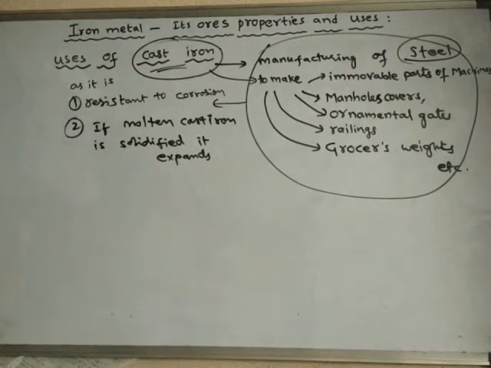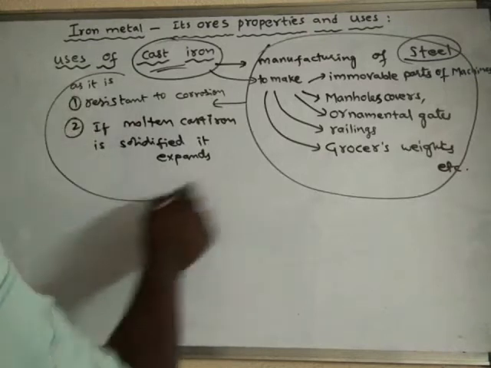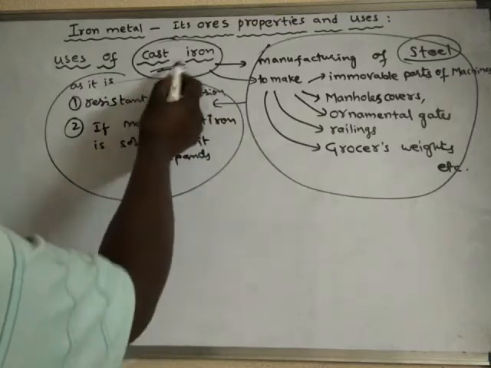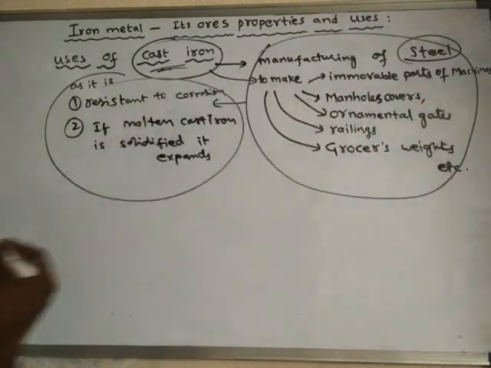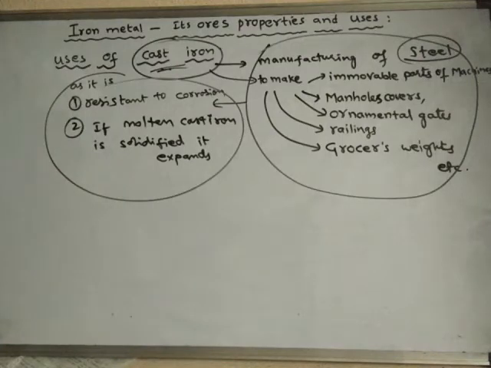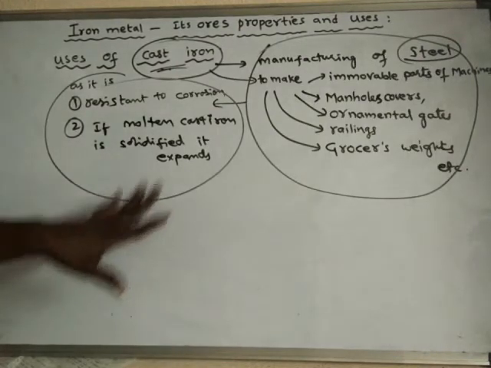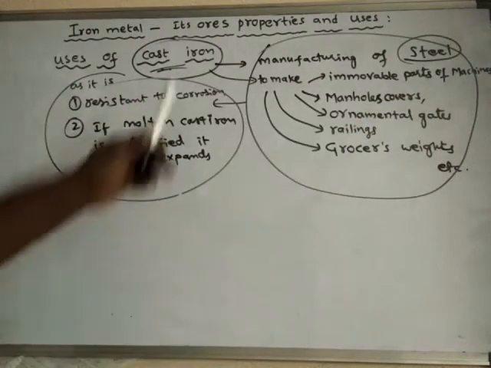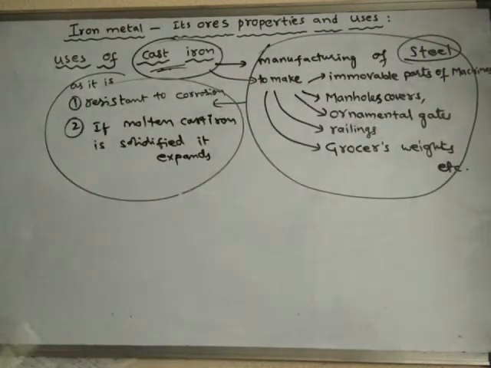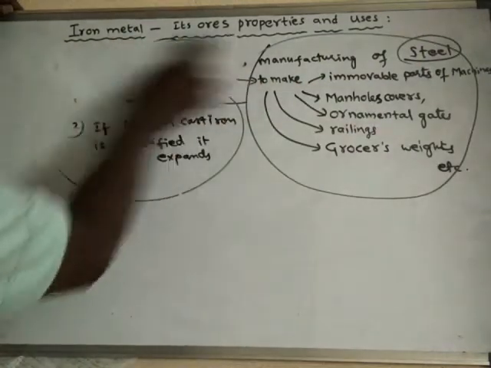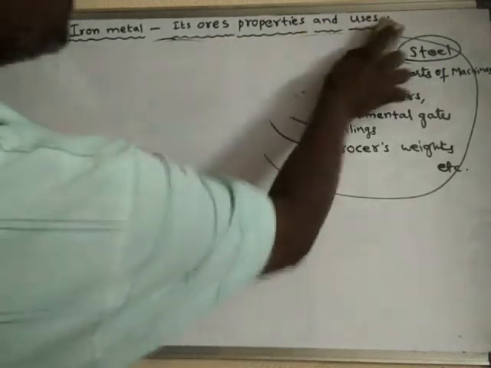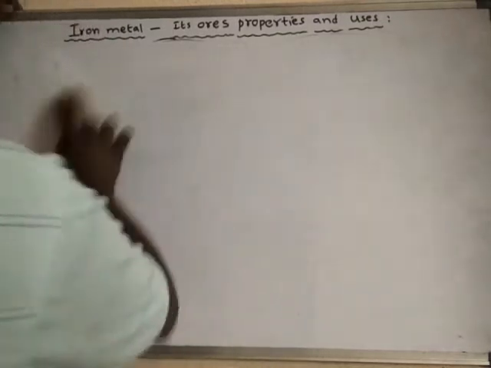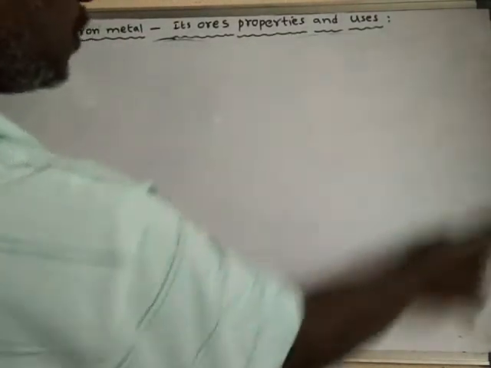Because of these particular natures, cast iron can be used in the manufacturing of these things. Next, the most important thing is how to convert cast iron into steel. Because cast iron is used in the manufacturing of steel, how is cast iron converted to steel? We will learn about that.